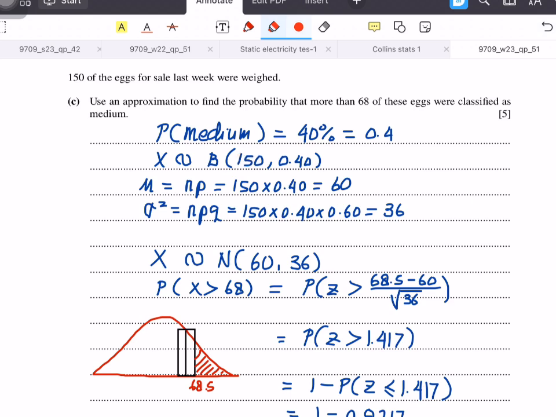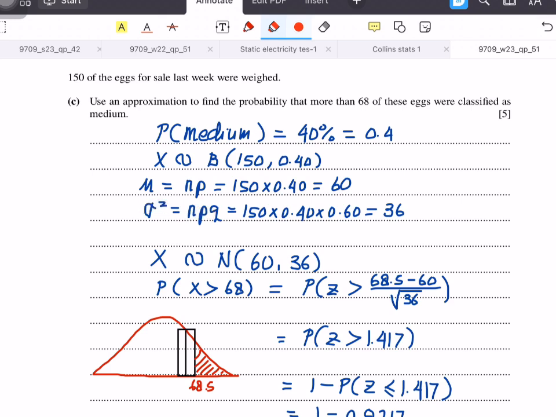We are going to approximate the binomial distribution using normal distribution. So we need to find the mean first. The formula is n times p. 150 times 0.4 is equal to 60. And the variance, the formula is n times p times q.